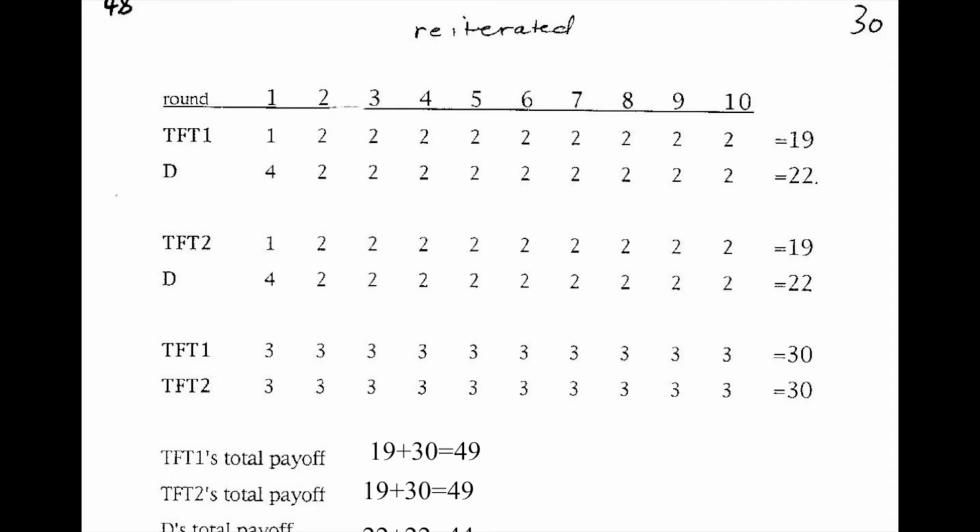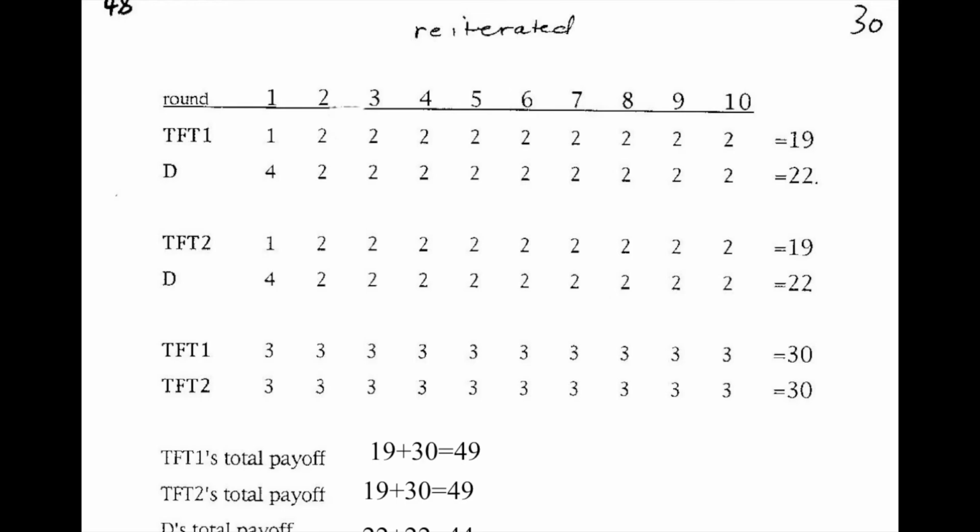The likelihood that tit for tat is going to be able to become established in a population is going to dramatically increase if tit for tat is introduced in groups. That is, you introduce more than one tit for tat strategy at the same time, and tit for tat plays each other. And so if tit for tat seeks out another tit for tatter and plays each other, over 10 rounds we're going to receive a payoff of 30, which is dramatically better than the payoff of 22 that a defector would get when playing with tit for tat.